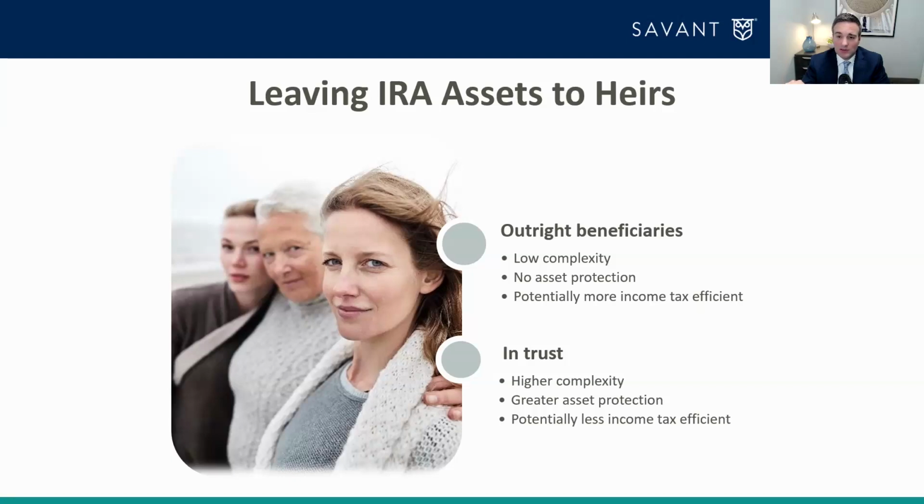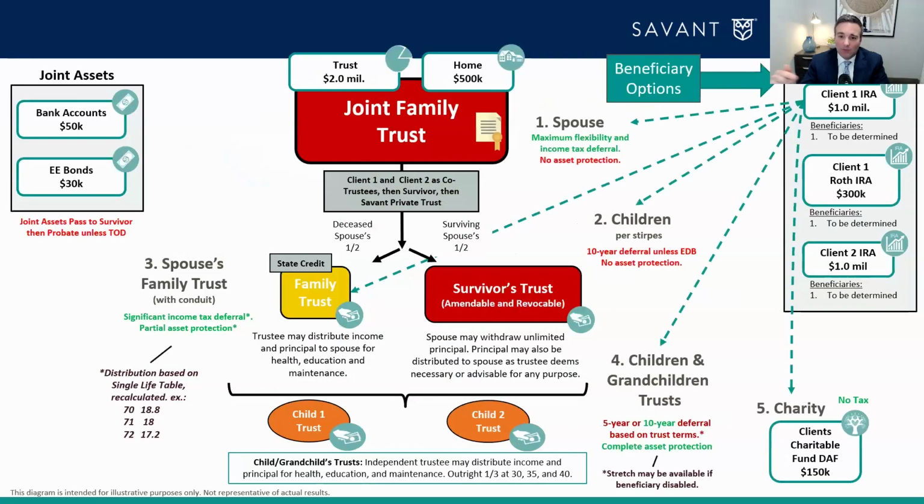So the option is to instead leave those IRA dollars in trust. The trade-off there is higher administrative complexity and, as I had mentioned earlier, the more compressed trust income tax brackets, to the extent that the IRA withdrawals stay in the trust for the 10-year period and are held for that beneficiary's benefit.